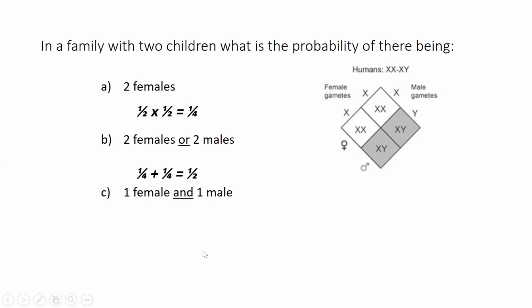Okay, so next we have 1 female and 1 male. In this case, how would you go about it? Nobody have a clue?